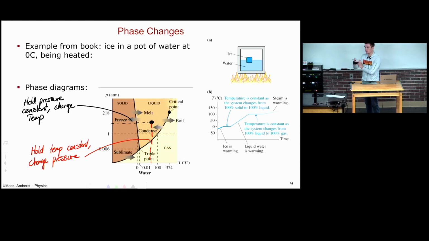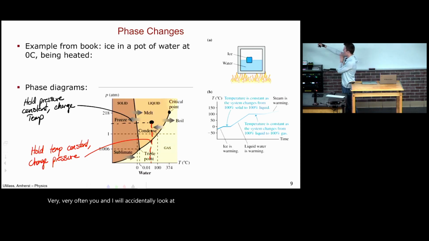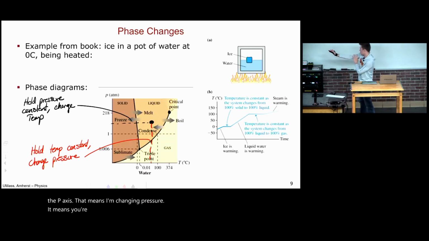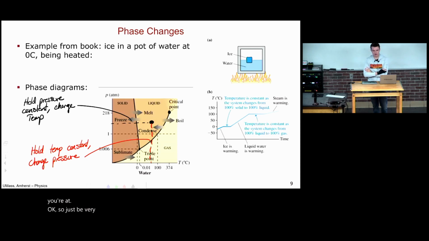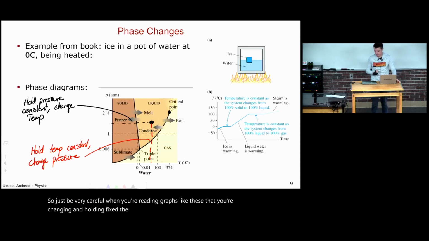Very, very often you and I will accidentally look at it and say, I'm moving closer to the P axis, that means I'm changing pressure. It means you're changing temperature, you're changing what T coordinate you're at. So just be very careful when you're reading graphs like these that you're changing and holding fixed the appropriate variables.